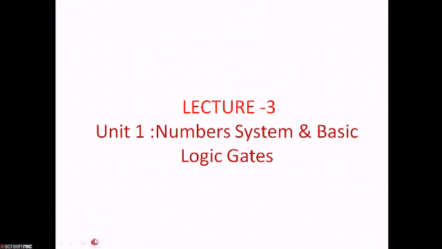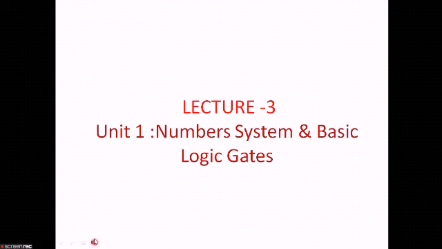Today we are going to start lecture 3, which is a continuation of Unit 1, Number System and Basic Logic Gates. Before starting lecture 3, I would like to recapitulate what there was in lecture 1 and lecture 2.